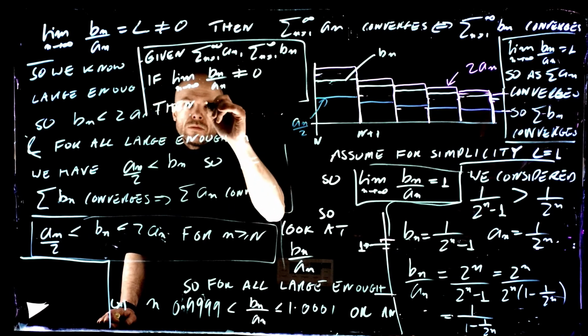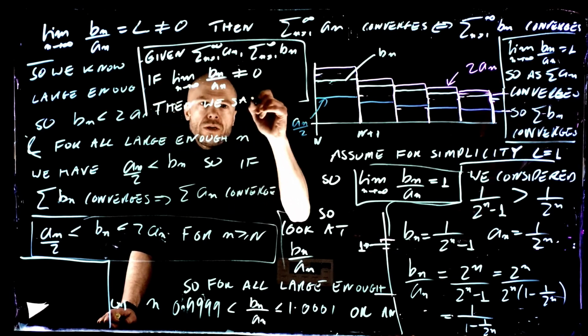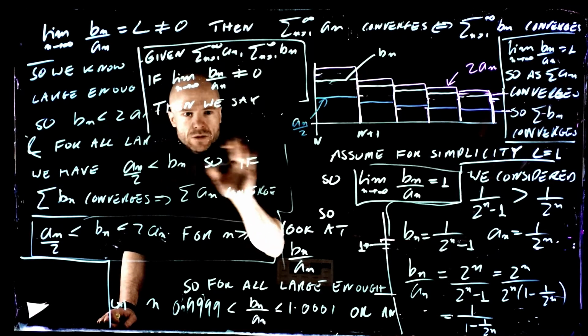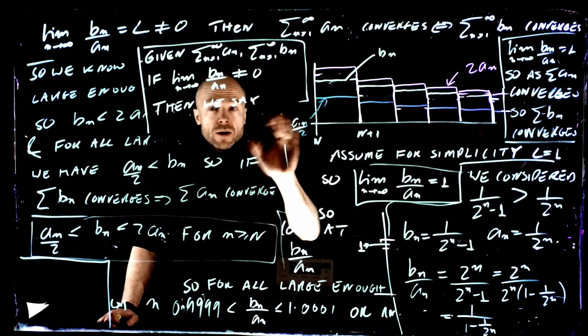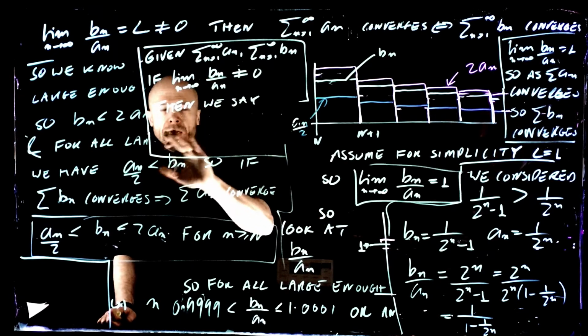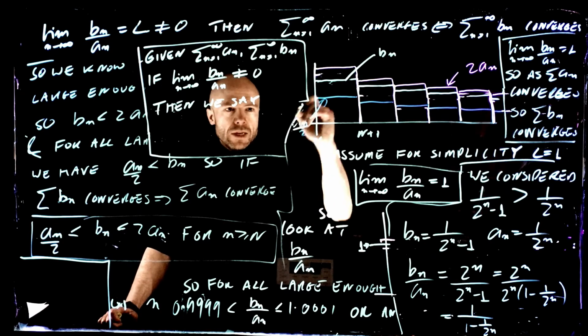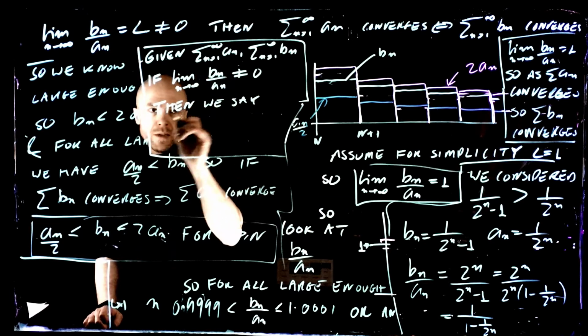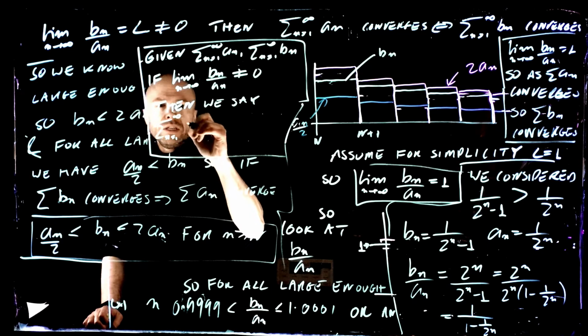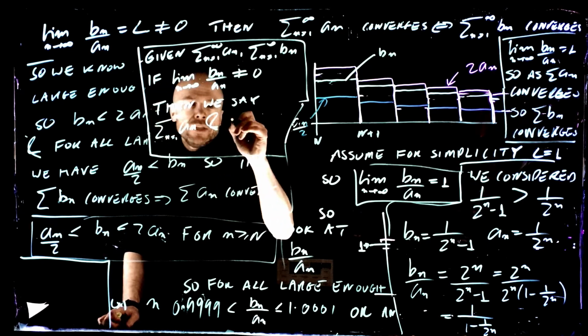Now this is just my notation, so you're not going to find this in Stewart's book or anywhere else, but I like to say it this way because it encapsulates what's happening here. We've married this series, the sum from 1 to infinity of an, and this one.